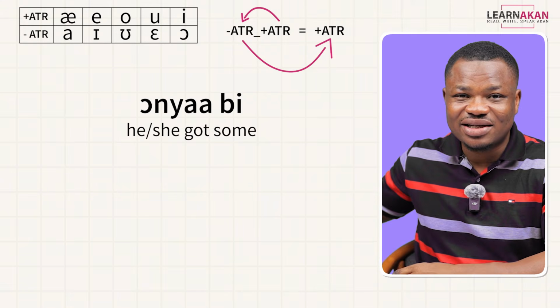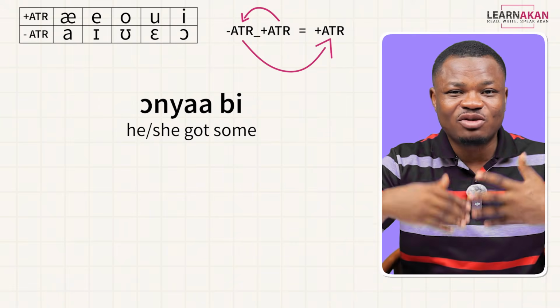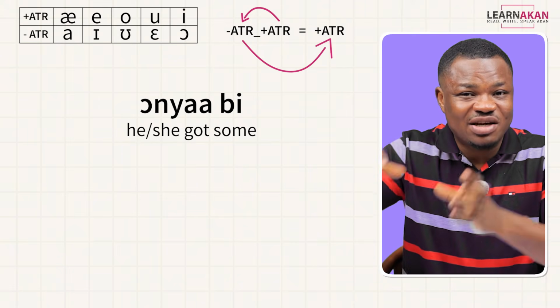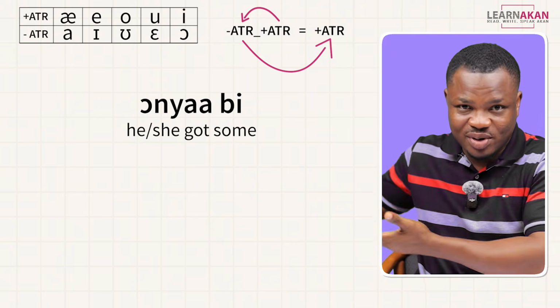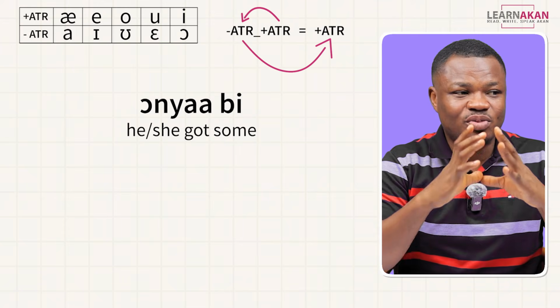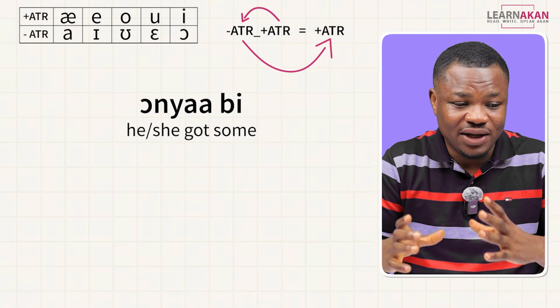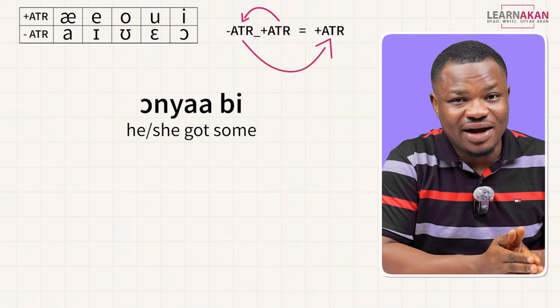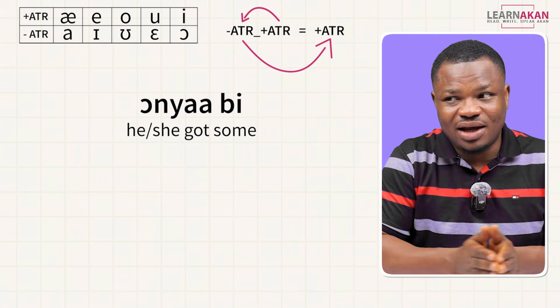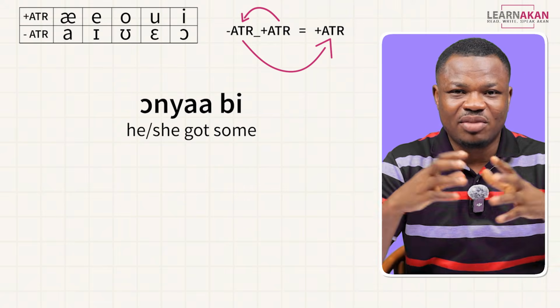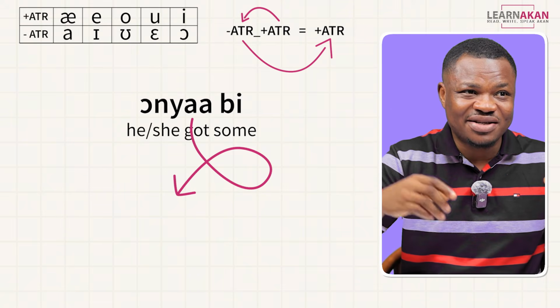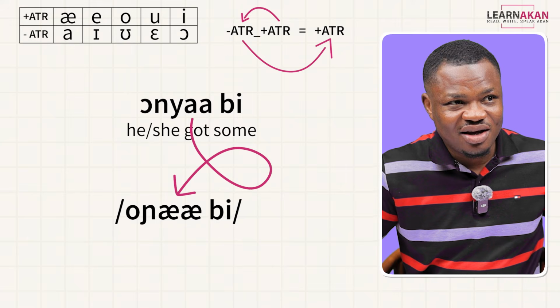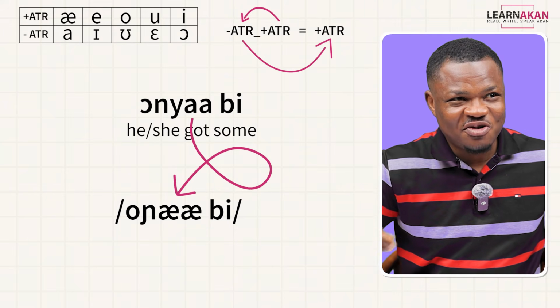So if we take this sentence, for example, and I pronounce each part separately, since it has two parts, for the first part I would say onya, and we have bi at the end. But the way we say this together is onyebi.